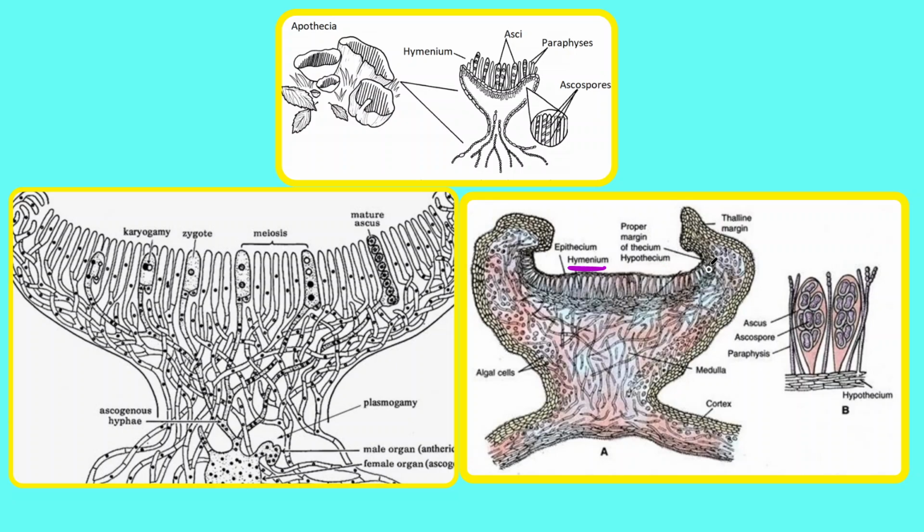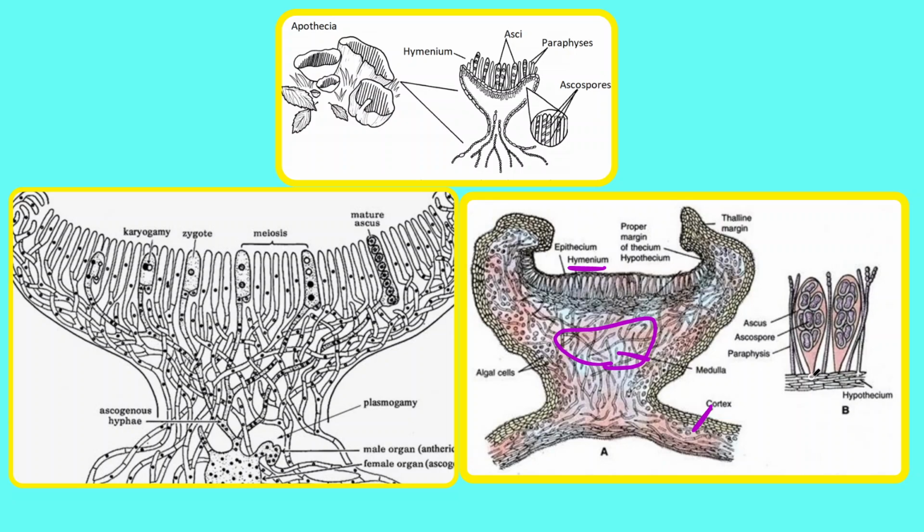And beneath this hymenium, the hypothecium will be present. And then as usual you have the medulla here in the cortical region, where you can see loosely arranged algal and fungal hyphae.